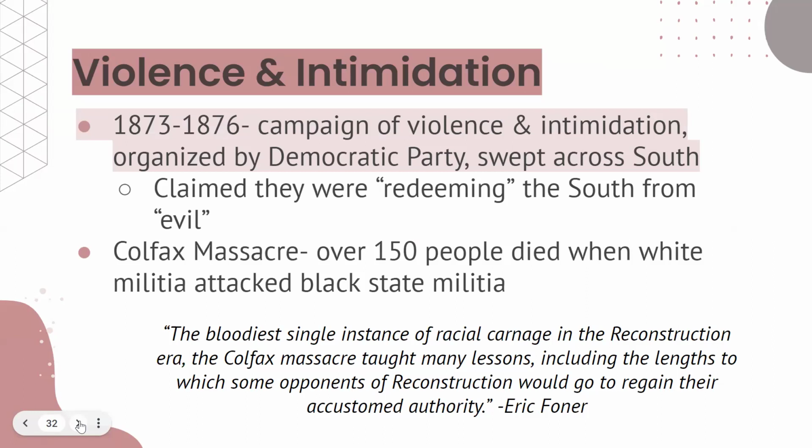They claimed they were redeeming the South from evil. One example of some of the worst violence was the Colfax Massacre. Over 150 people died when white militia attacked a Black state militia. It was the bloodiest single instance of racial carnage in the Reconstruction era.